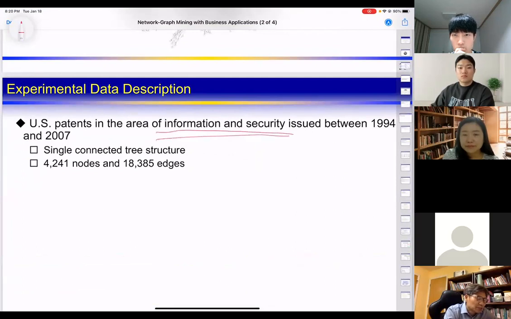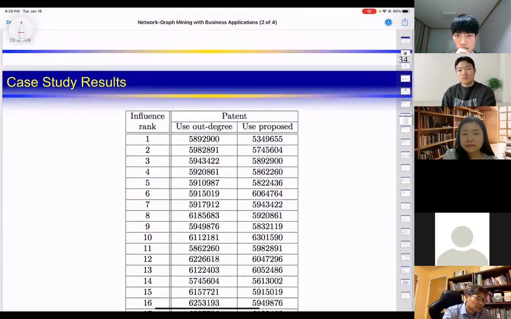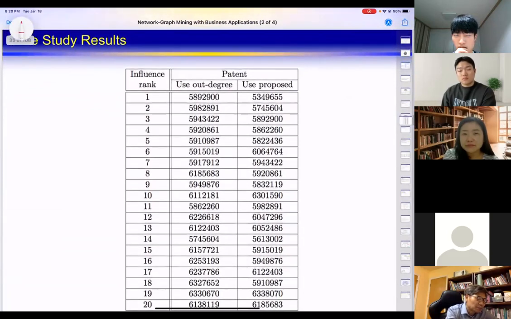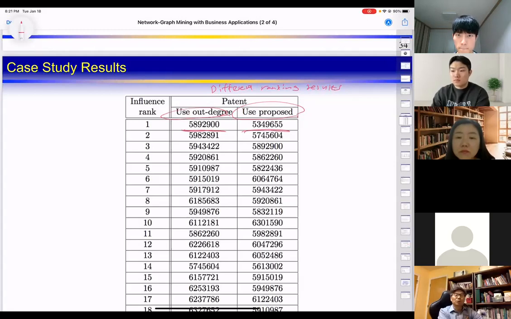All patents in this area, only US patents, we tried to rank which patents are more important. Then we studied some popular measures and our proposed one. You can see the patent IDs with different ranking results. So the existing measure says this one is more important. Ours says this is the most important one.